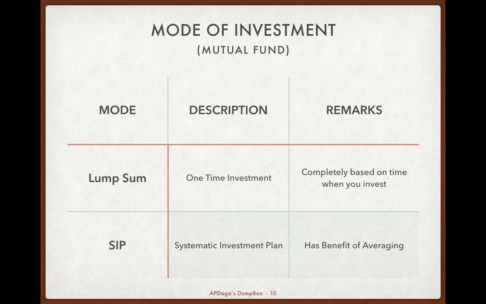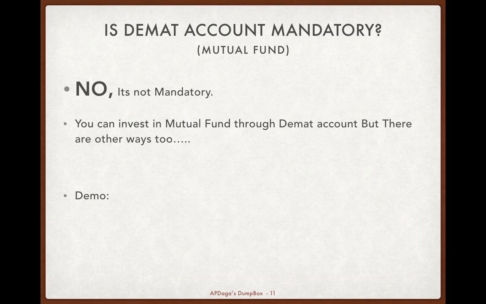That is SIP. SIP is not a different investment plan, it is just a way to invest into a mutual fund. SIP has the benefit of averaging, and it has many benefits. That's why SIP is quite famous these days.